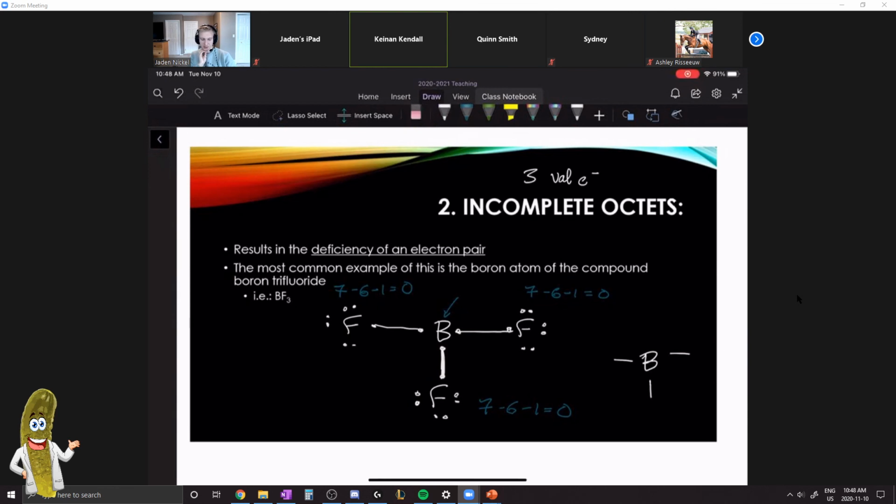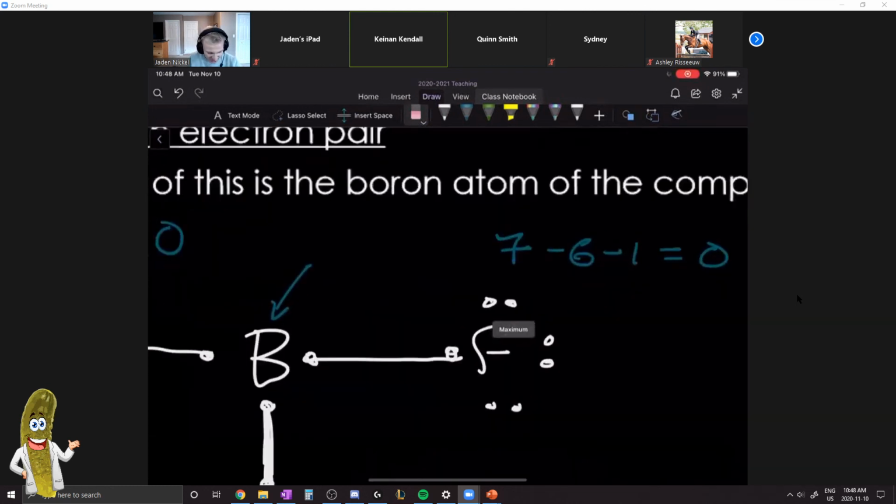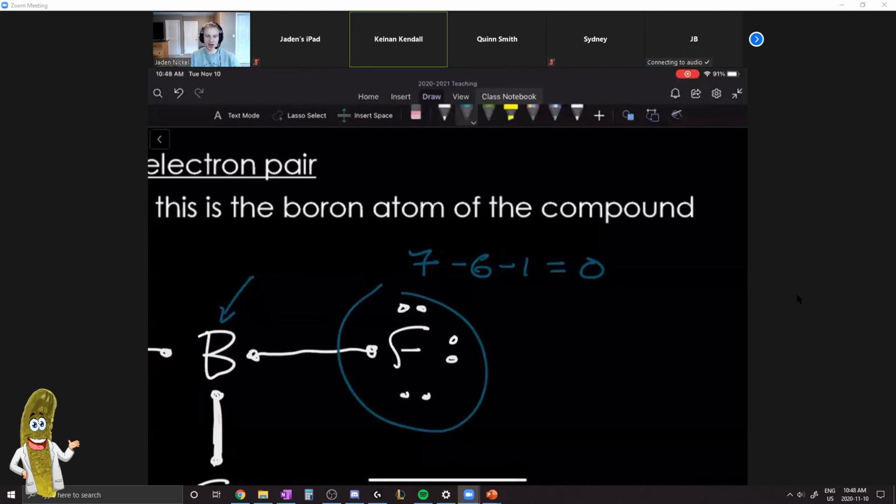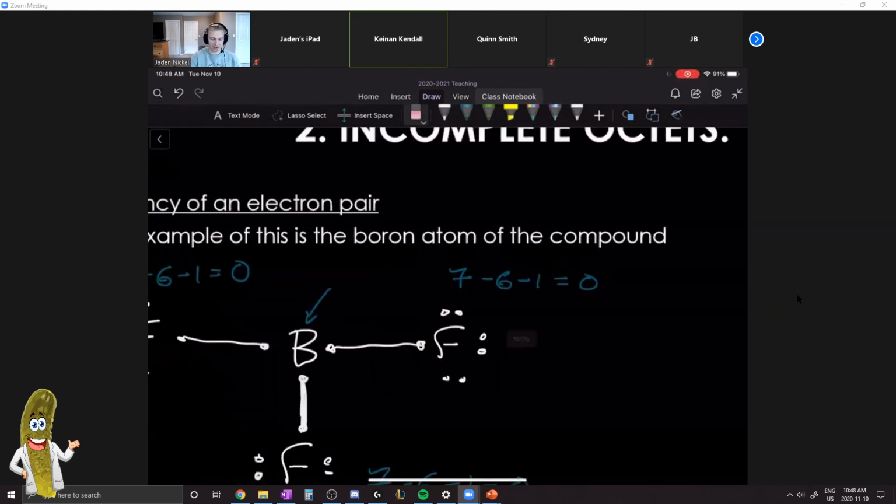You'd zoom in on just fluorine and say, are there 8 electrons there? And you'd say, yes, there are 6 lone pair electrons, and then there's a bond which counts as 2 electrons. So yes, it has 8 around it.